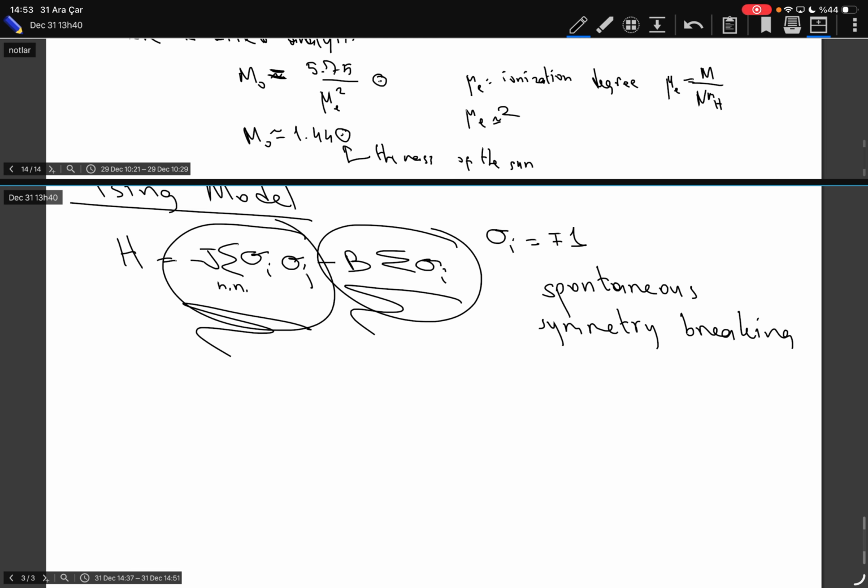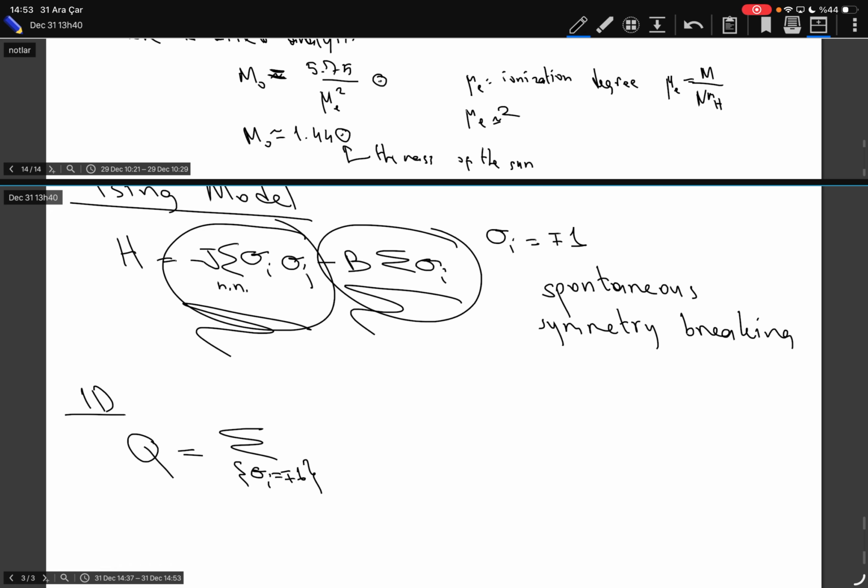Now, this model is easy to solve, let's say, in one dimension. Let's look at the one-dimensional case. Well, there's no phase transition there, so in that sense it's boring. But let's try to solve the system. We have the canonical partition function. The microstates will be summed over all sigma i's over ±1.